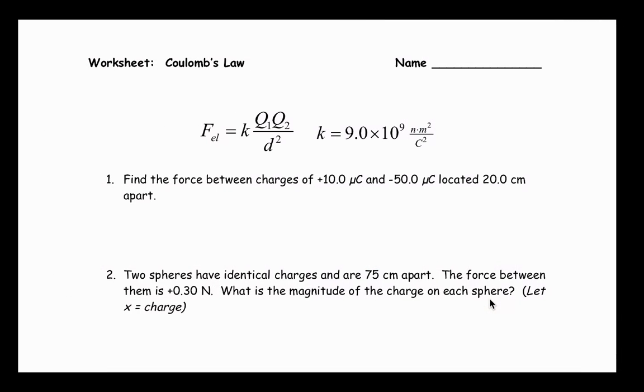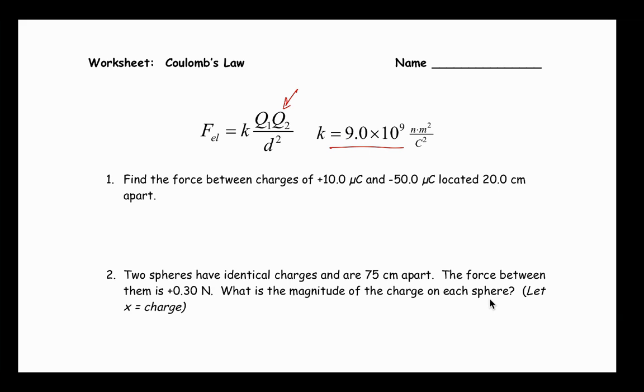Going back to my worksheet, you can see Coulomb's law right here, where I have K times Q1 times Q2 all over the distance squared. And K is given as this number. The first question asks, what's the force between charges of 10 microcoulombs and negative 50 microcoulombs located 20 centimeters apart?